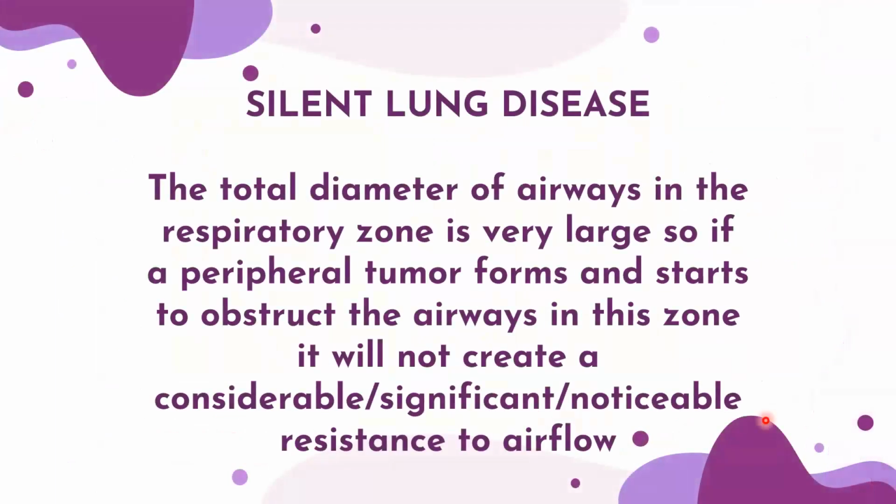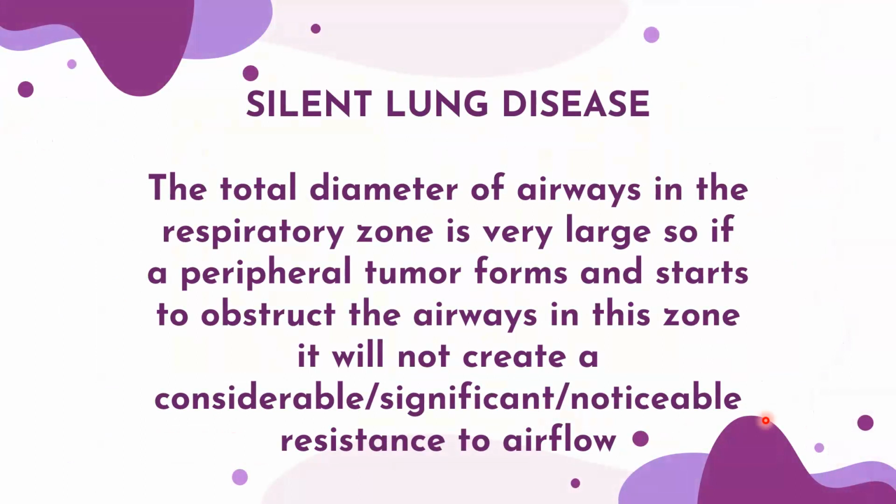What we're talking about here is silent lung disease. When, inshallah, you come to third year and study tumors in more detail, you'll see that some tumors, like I mentioned, like to grow in the peripheral airways, and some tumors like to grow in the central airways.